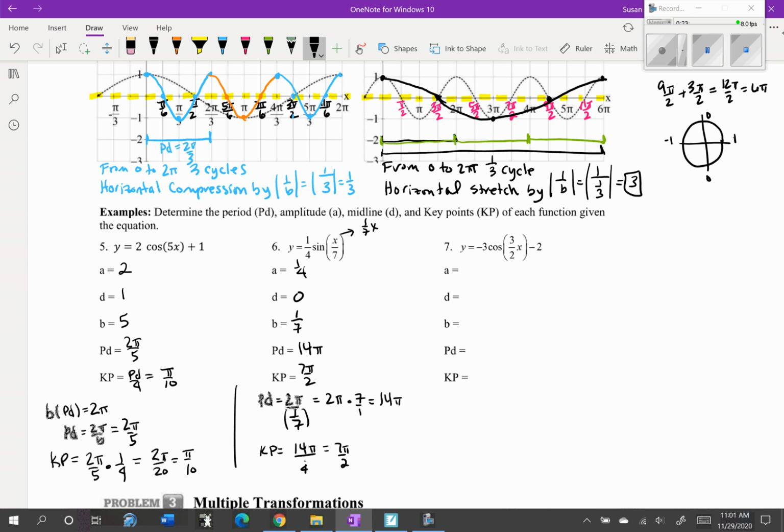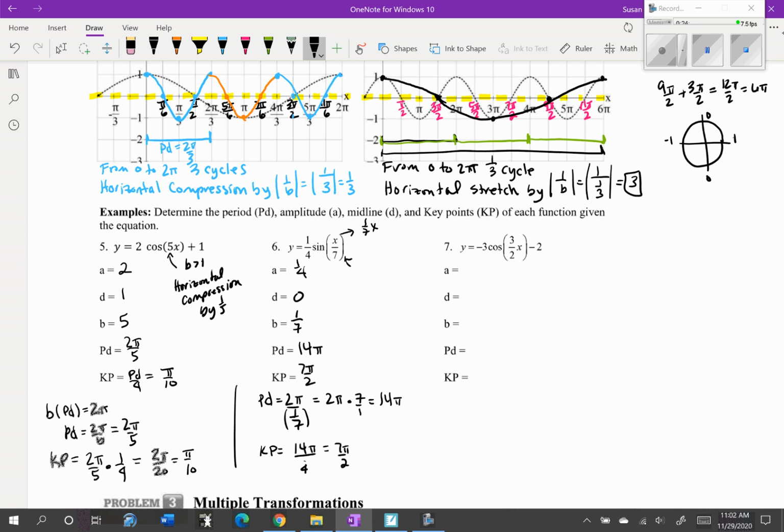So the first one, this is because your b value is greater than 1. Remember, that tells us that this is going to be a horizontal compression by 1/5.